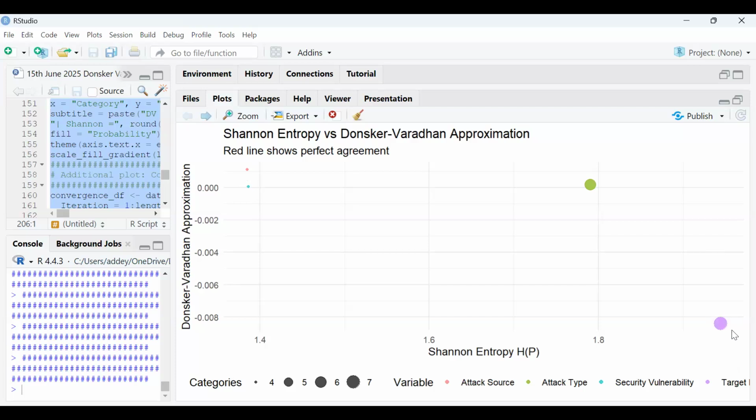But we see here that the Shannon entropy was largest for the target industry, where it was far above 1.8. This was about 1.9 thereabout, and then its DV entropy is negative 0.008. And then we have the entropies for the other types of variables.